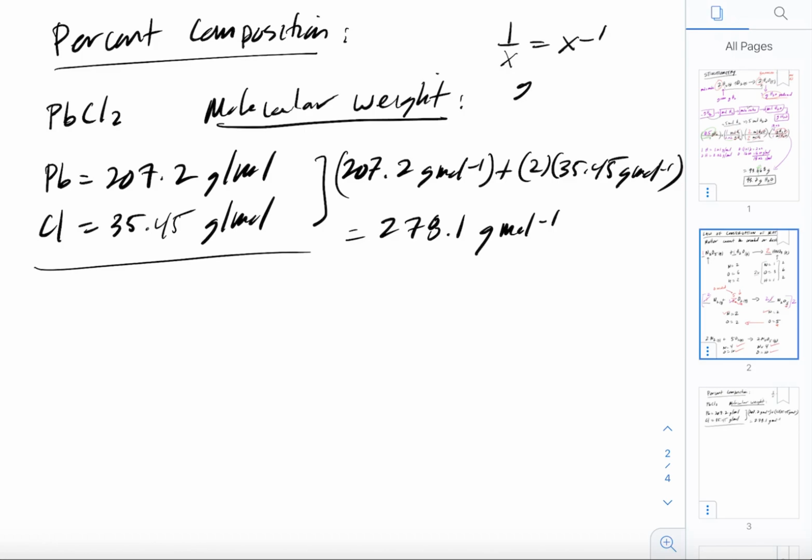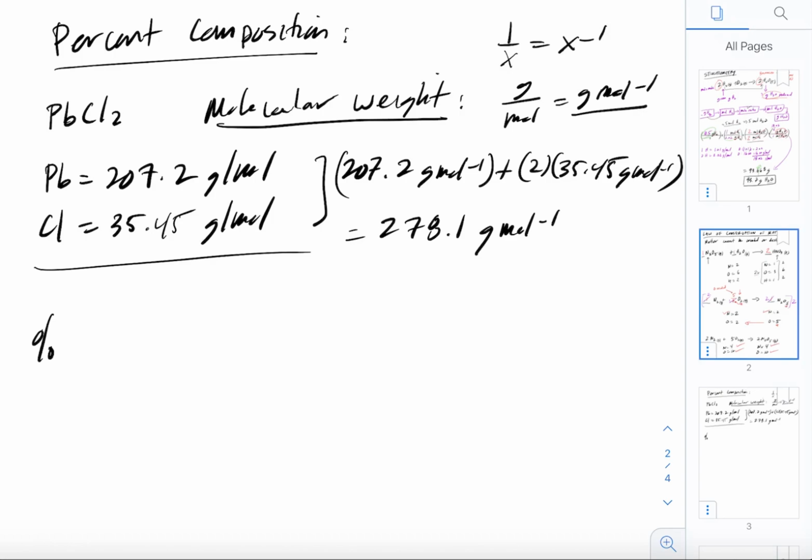And so we can write 1 gram per mole as moles to the negative 1. So I might use either one, just so you know.